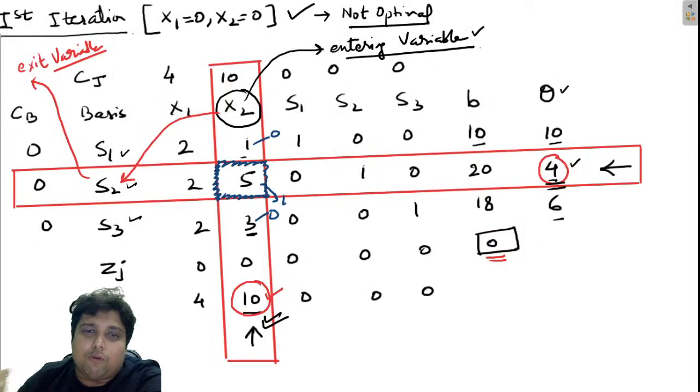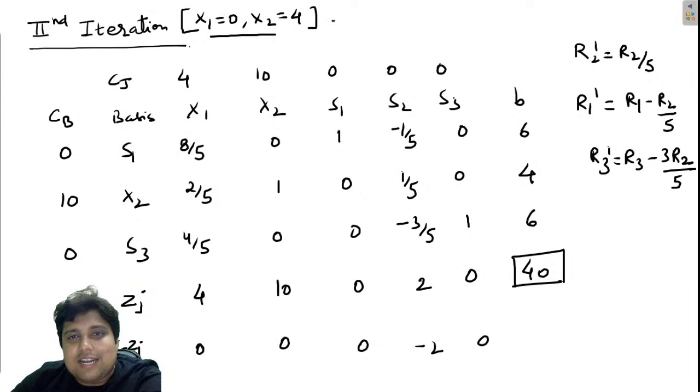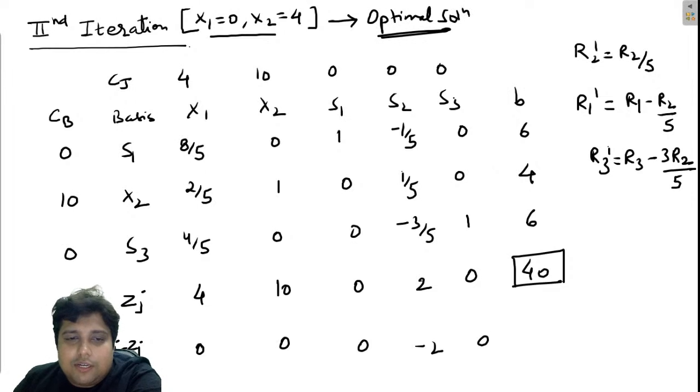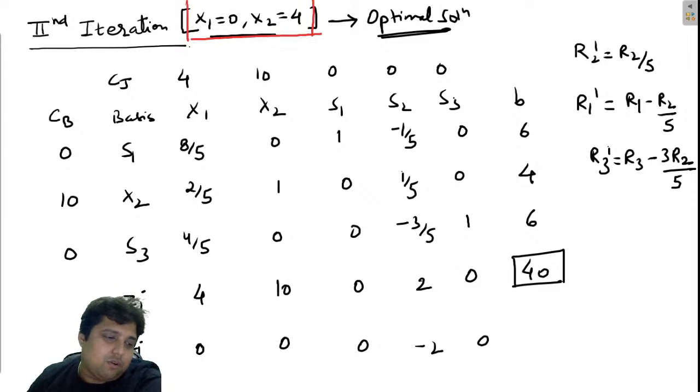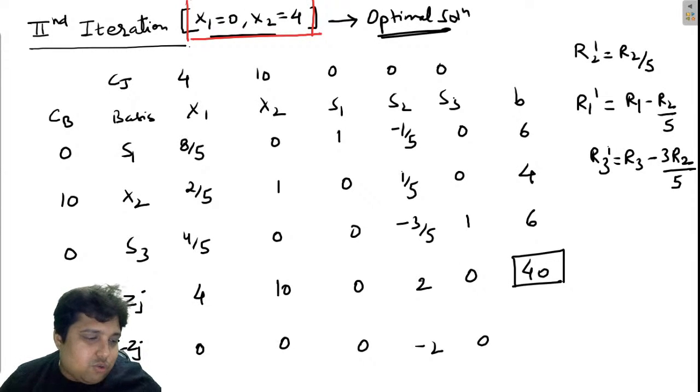That indicates that this is an optimal solution. And what is the optimal solution? The optimal solution is this: x1 is 0, x2 is 4.